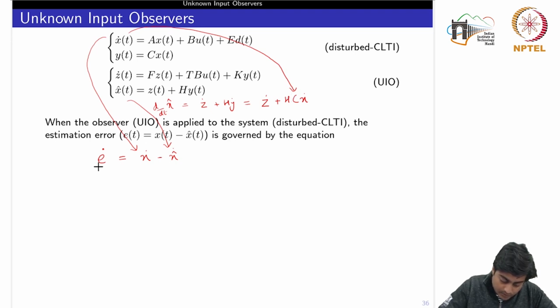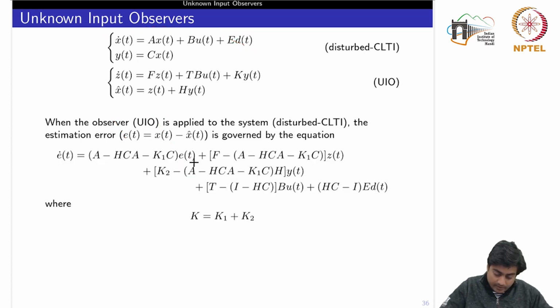Computing the error dynamics and simplifying, finally I would obtain that e dot is equal to some matrix times e(t), which is the state of the error dynamics, plus some matrix times z(t), which is the state of the observer.